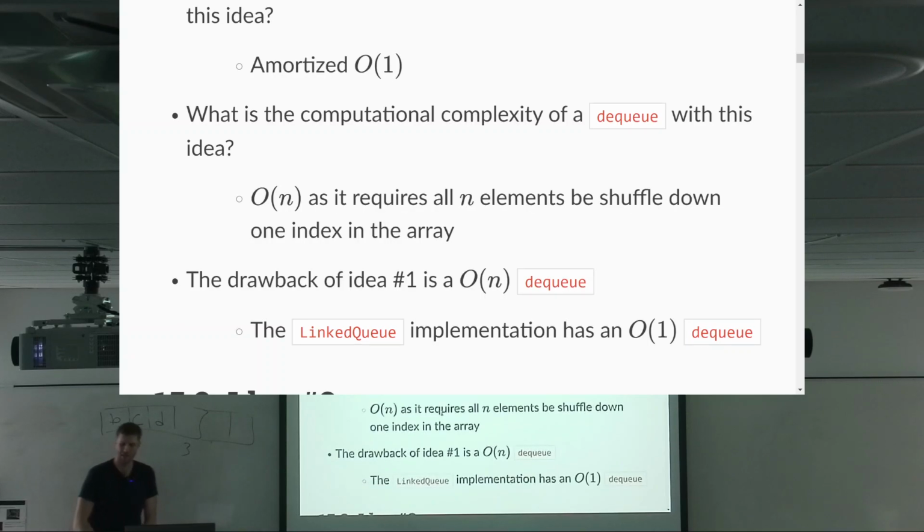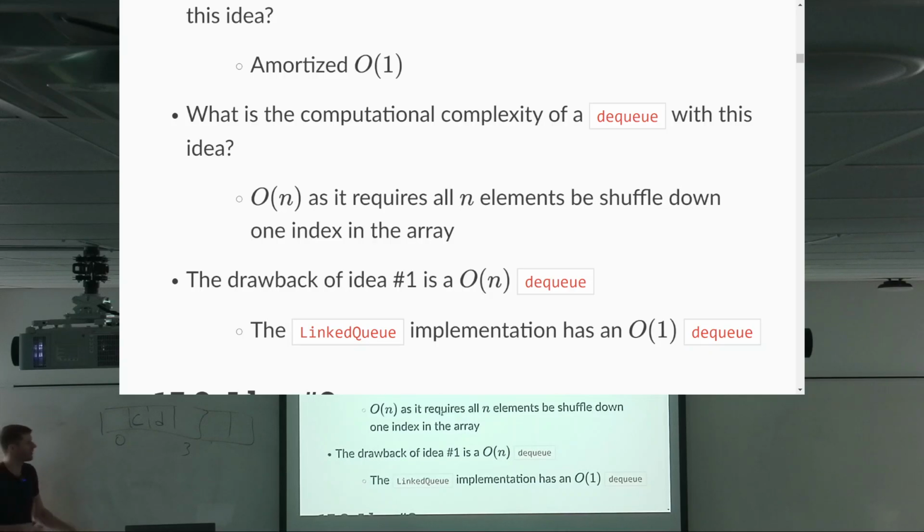But what's the computational complexity of a dequeue? Well, getting the element is easy, but filling that gap is a problem. If I get rid of the front, based on what we just said, the front has to be at index 0. I have to fill it.